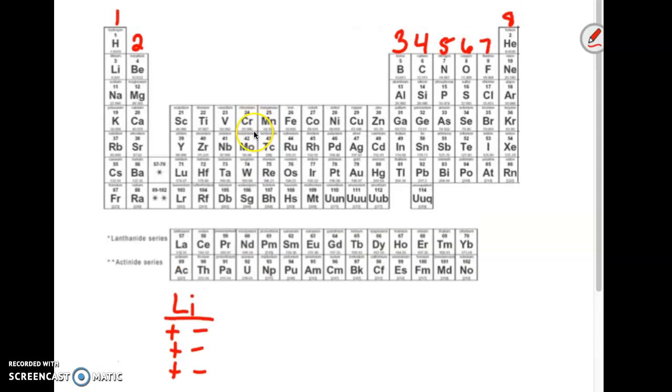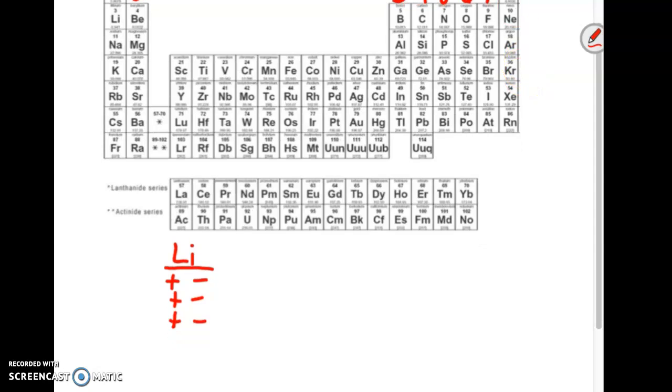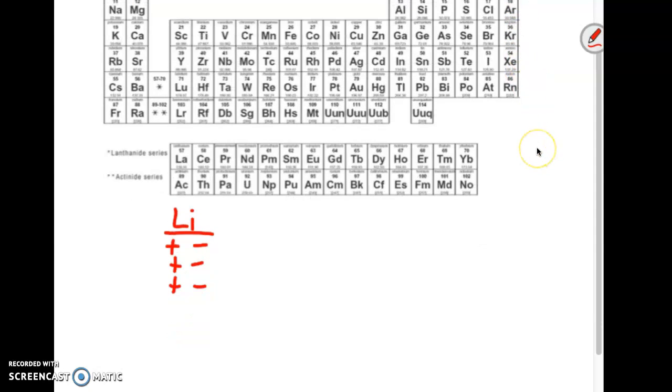In order for it to be like a noble gas, and lithium, number 3, is in between helium, which is number 2, and neon, which is number 10. Lithium is closest to helium because 3 is closer to 2 than 10, so it's going to give away that 1 valence electron. It really wants to give that away.